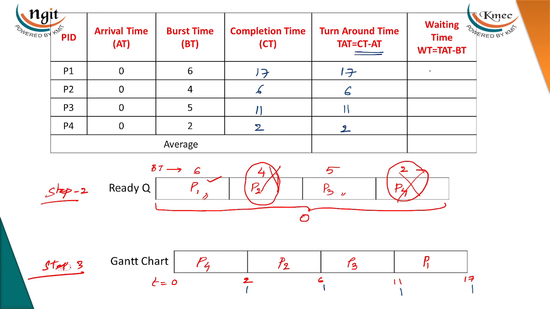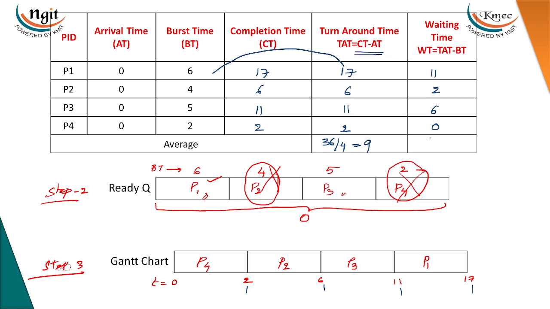Then find the waiting time, that is TAT minus BT: 17 minus 6 is 11, then 2, then 6, then 0. Now find the averages. The turnaround times 17, 6, 11, 2 sum to 36, divided by 4 processes, that will be 9.